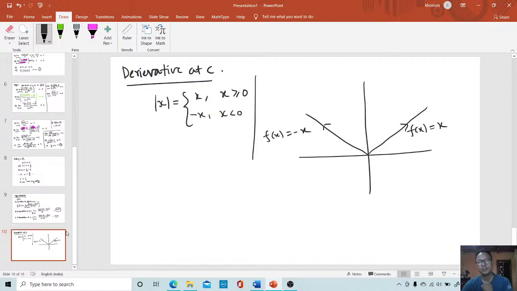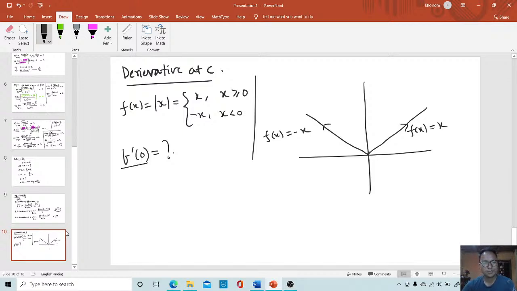Now if you want to find the derivative of modulus of x at 0, that is f prime 0, you check whether the derivative exists or not. The question is whether this function is differentiable at 0.